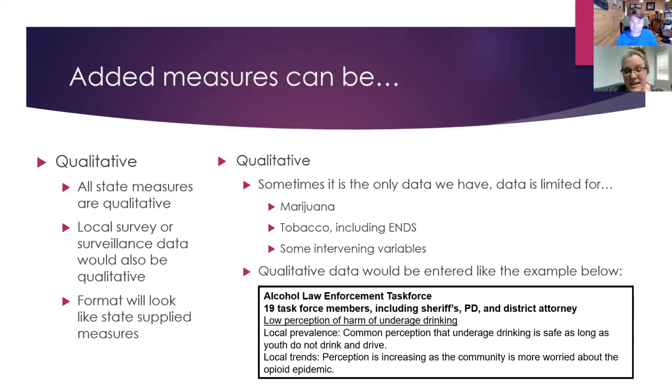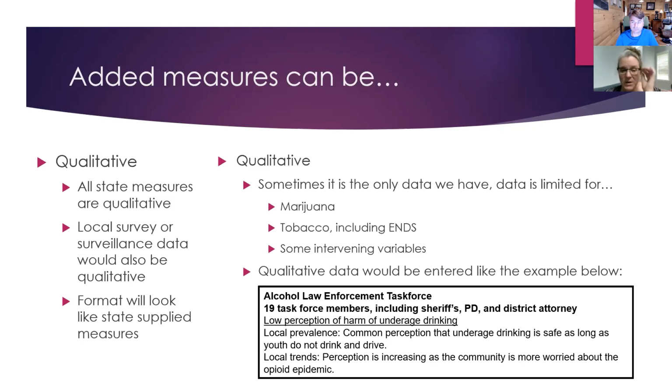As you can see in the example in the bottom box, there's always a place to add the data source, the population, describe the measure, show the local prevalence and the local trends.